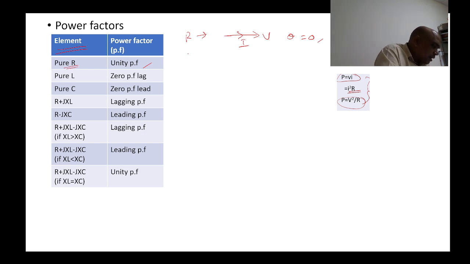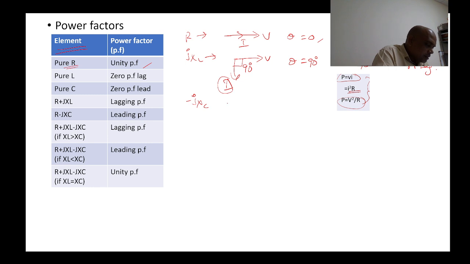Suppose you take a pure inductor, jXL, pure inductive reactance. What is the angle? V leads I by 90 degrees, so theta is 90. Cos 90 is 0. That's why it is 0 power factor. Here current is lagging voltage by 90 degrees. That's why it is 0 power factor lagging.